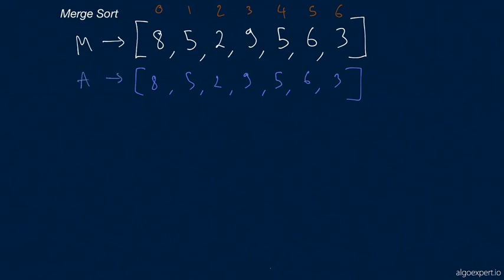So the way the algorithm is going to work here is we're going to call some kind of helper method to our merge sort algorithm, passing in both of these arrays, and then every time that we call that method again, we're going to pass in a main array and an auxiliary array.